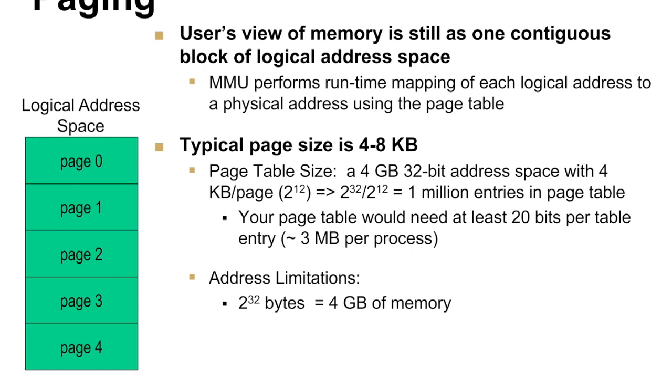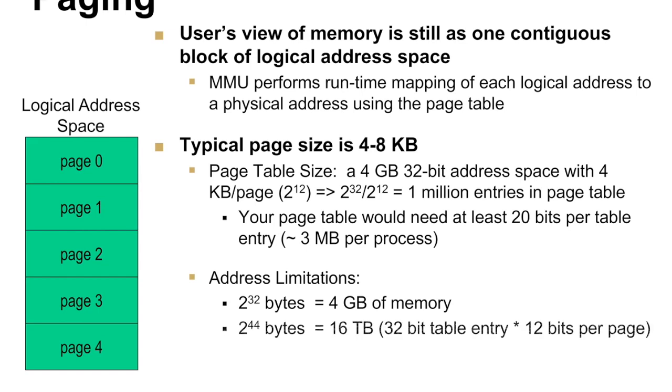So what are the address limitations of doing this? Well, in a normal 32-bit machine, we can access up to 4 gigabytes of memory, and we saw how big the page table would be there. If we were to extend this a little bit, we could actually have 32-bit table entries, and if each one of those was accessing 12 bits, 4K, then we would be able to access essentially 16 terabytes of memory, even though an individual process could only access 4 gigabytes.